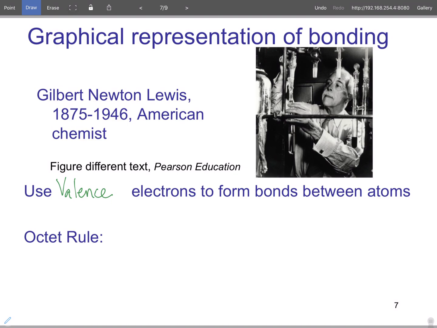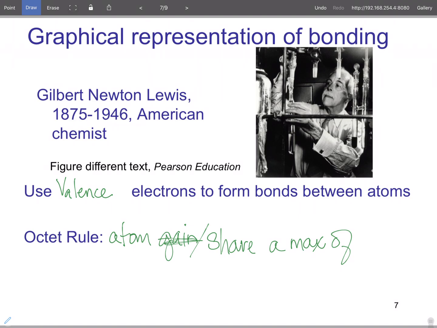An octet, remember, is 8. So the octet rule states that the atoms share, actually gain is not right, share a maximum of 8 electrons. So when you're forming an octet, think 8, okay?